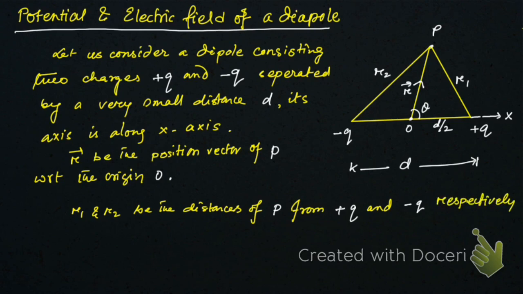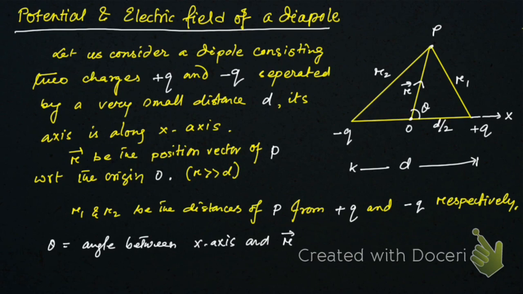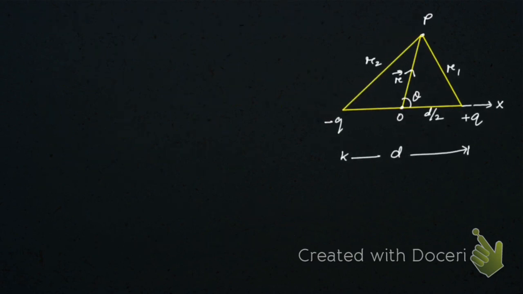And theta be the angle between the x-axis and vector r, right? So hope you have understood this. Now let's go to the next slide, and before going to the next slide, let me copy this diagram, because we're going to need this figure. So here is the diagram.